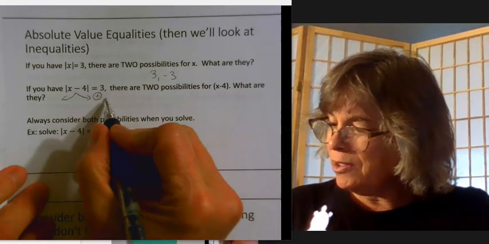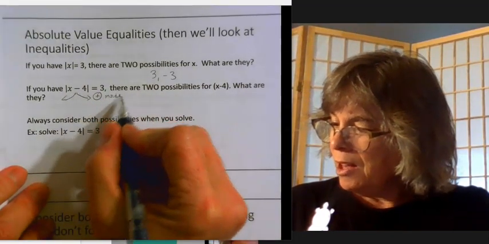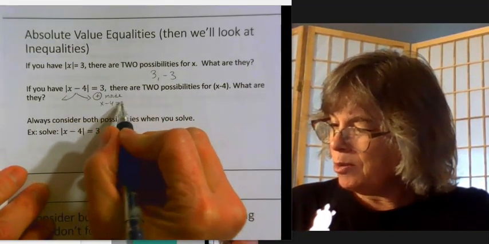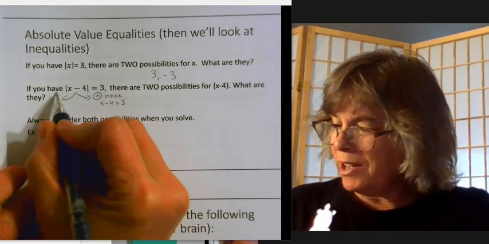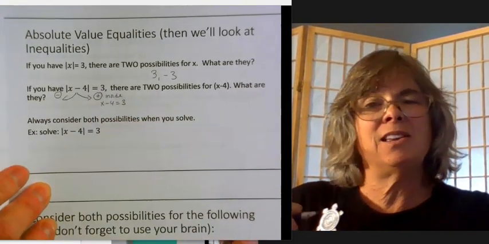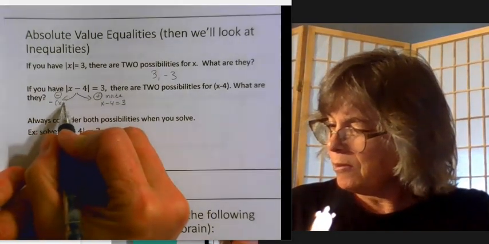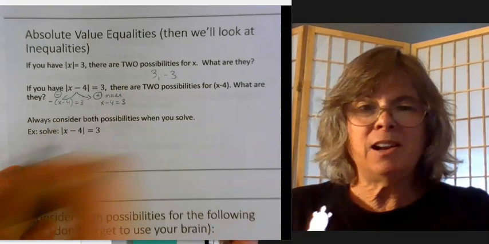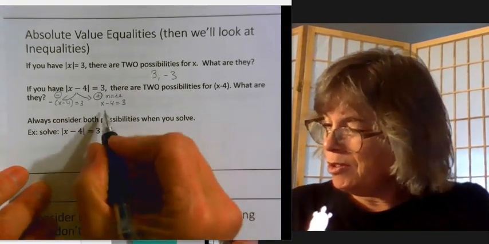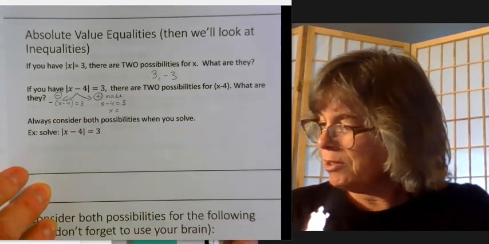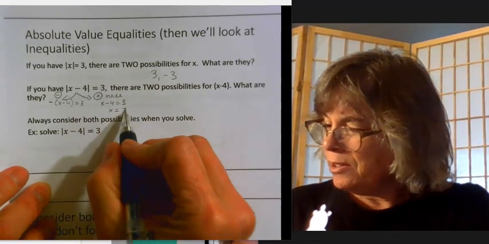So if it's positive on the inside, then I say x minus 4 equals 3. If it's negative on the inside, then I have to take the opposite of x minus 4. And then I proceed to solve as I would normally. X equals, add 4 to both sides, 7.